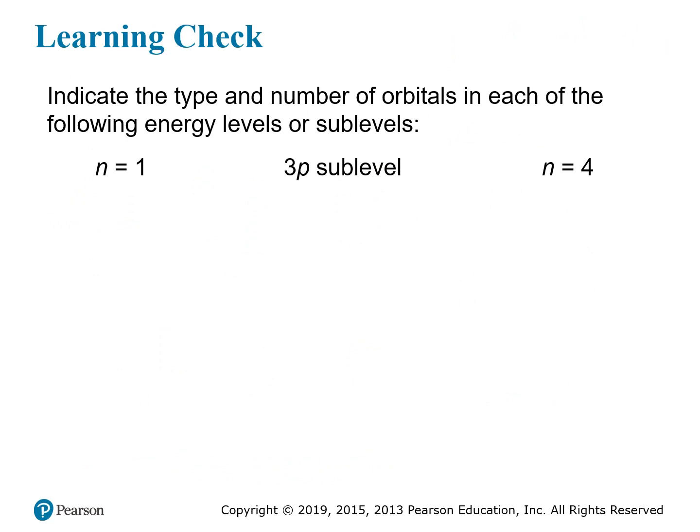Let's take a look at an example of a type of question you might be asked about this. Okay? So this question says, indicate the type and number of orbitals in each of the following energy levels or sublevels. So it's going to either specify a whole energy level, or it's just going to tell us an individual sublevel. Okay? And it wants to know the number of orbitals for each.